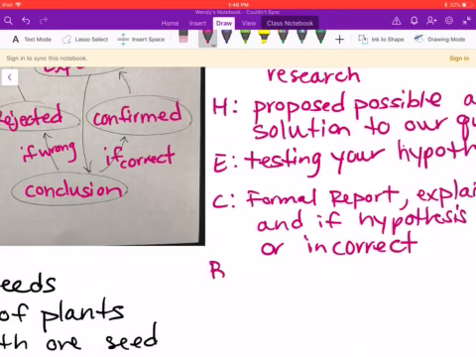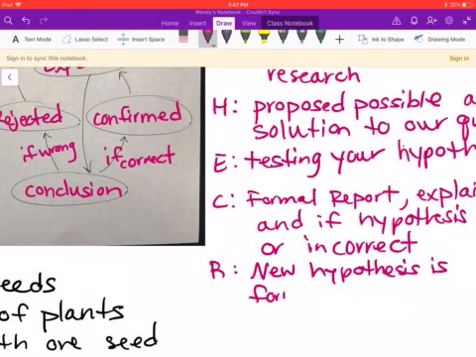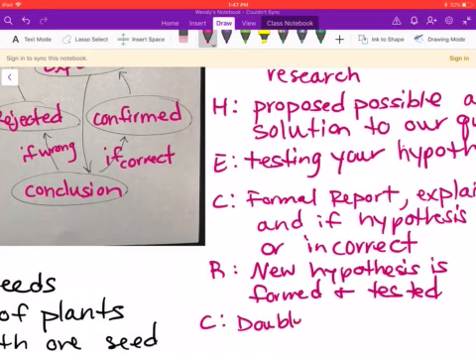So if rejected, a new hypothesis is formed and tested, and if the hypothesis is confirmed, we're going to double check and confirm with new experiments.